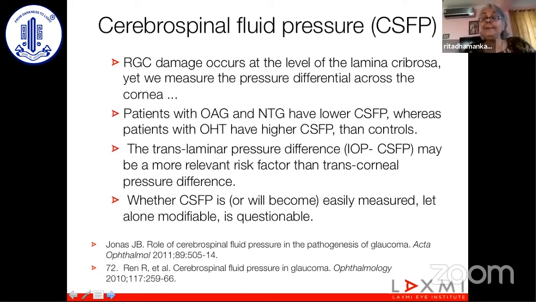So the translaminar pressure difference, that is the intraocular pressure minus the cerebrospinal fluid pressure, may actually be a more relevant risk factor than the transcorneal pressure difference. But how can that be measured? Even less likely modifiable is something that we have to still think of.